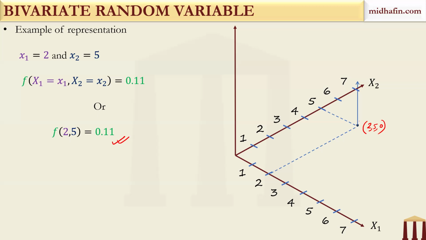It will be a very small height, but still we'll move a little bit up, exactly 0.11 up, and this will be the coordinate on the z-axis, or the PMF axis. So the z-axis, the vertical axis, represents the PMF values.